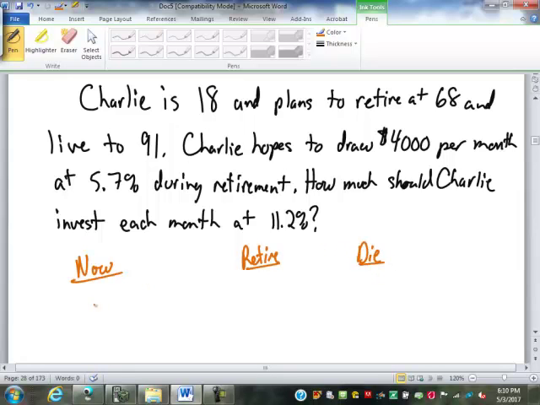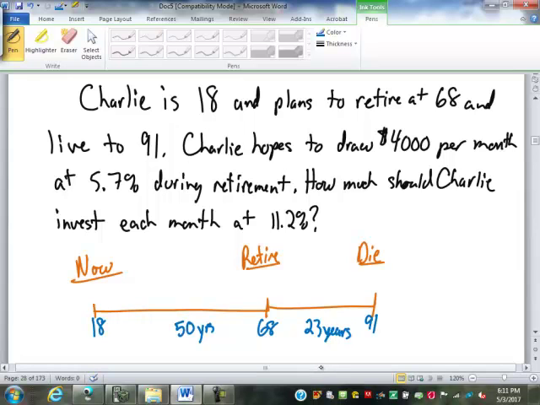So we're looking at our timeline. We know all the ages, so let's fill them in. 18, 68, 91. Let's fill out the times. 18 to 68 is how many years? Careful. 50, right? 68 to 91? 23. Do we know the rates during the accumulation phase?